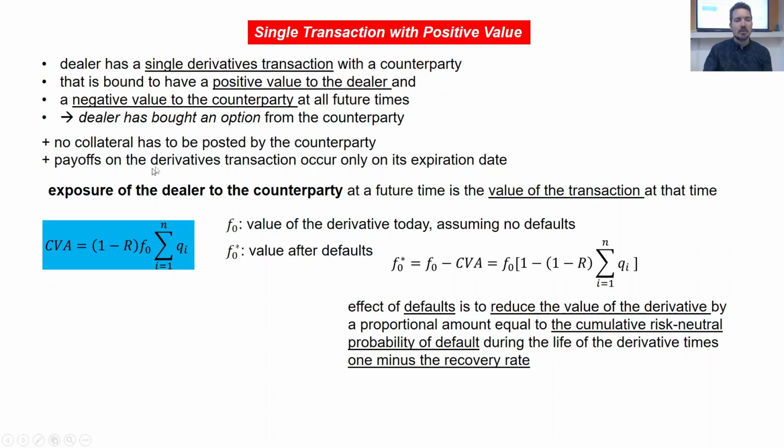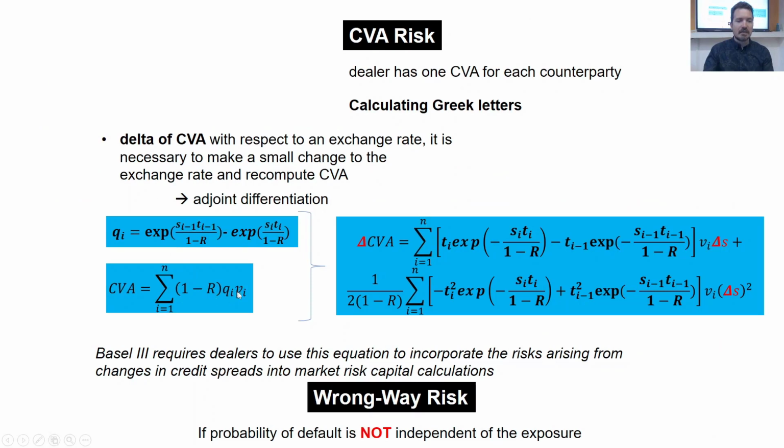This is absolutely simple. The exposure of the dealer to the counterparty will determine the value of the transaction at a time. And in this case we can define that, okay, now, previously the CVA was inside the summing function because it was changing from time to time.